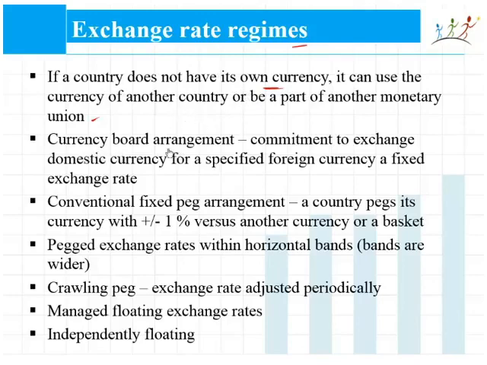In a currency board arrangement, there is a commitment to exchange domestic currency for a specified foreign currency at a fixed exchange rate. This is very common across the world. Many currencies fix their currency against the US dollar. So a lot of the countries in the Gulf, Hong Kong currency, China, etc., had pegged their currency with the US dollar.